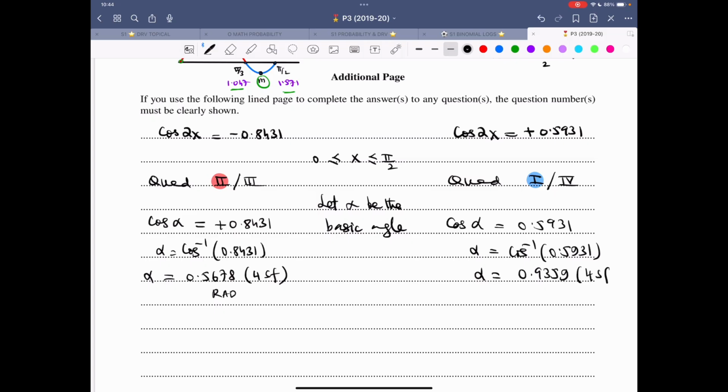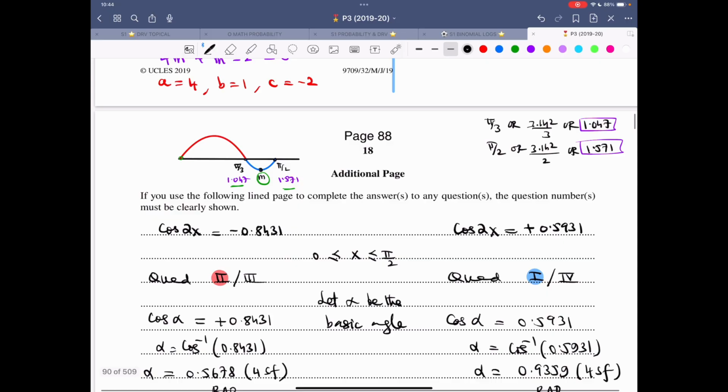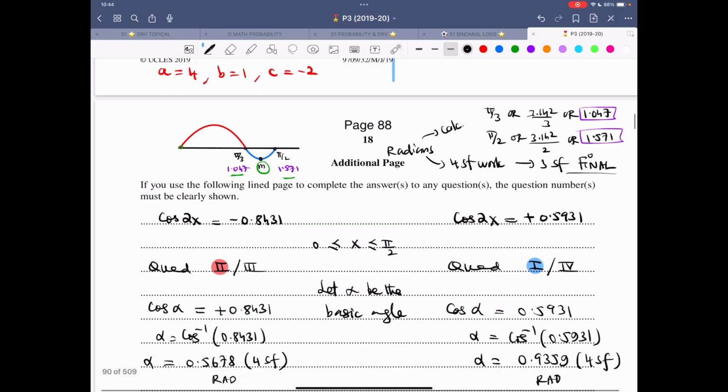Again, correct to 4 significant figures and radians is the unit. So we are working in radians. Make sure the calculator is in radian mode. Make sure you work in 4SF so that the final answer is in 3SF unless otherwise stated by the examiner.